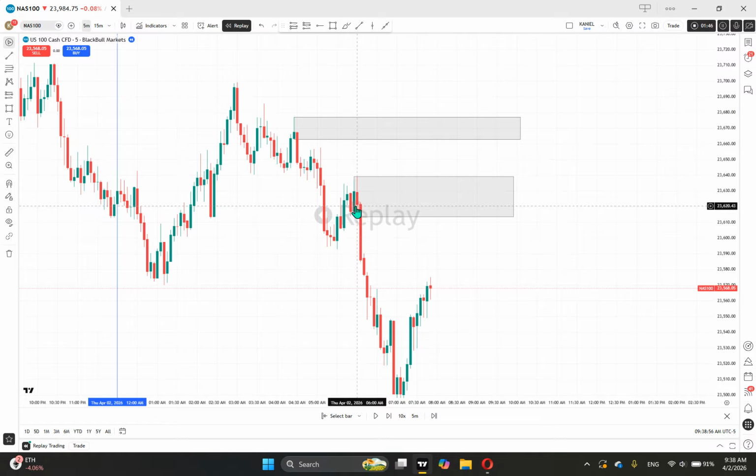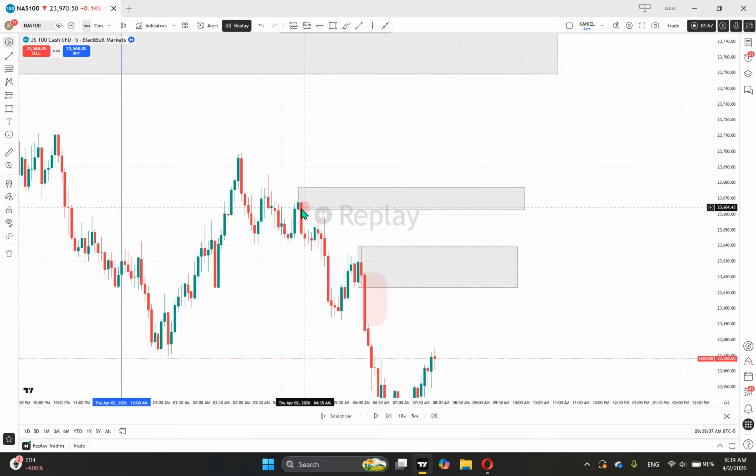It's from under this red candle inside to above this other red candle. So all of this gap needs to be filled. For this one, under the green candle to above the red candle, all of this gap needs to be filled.